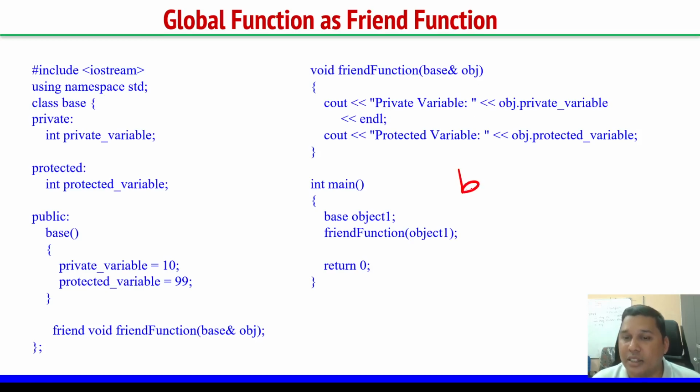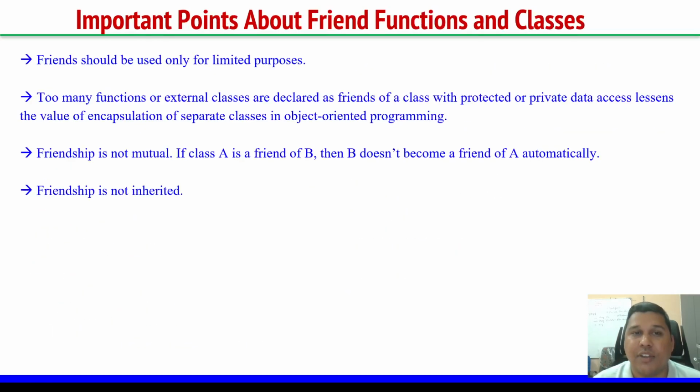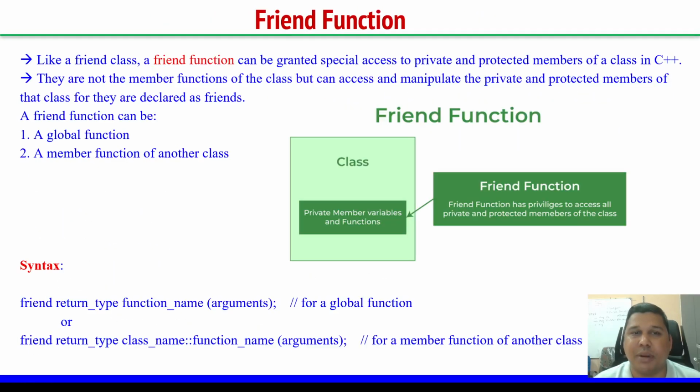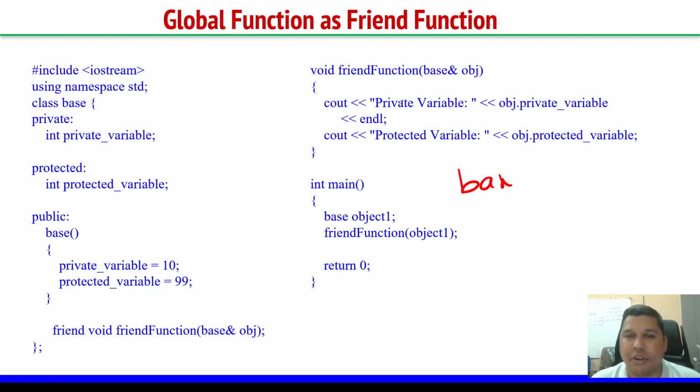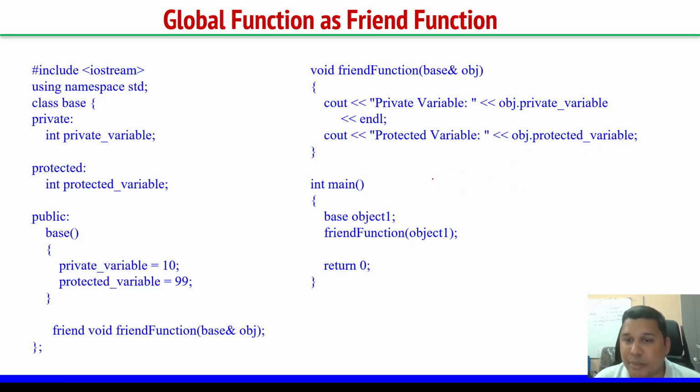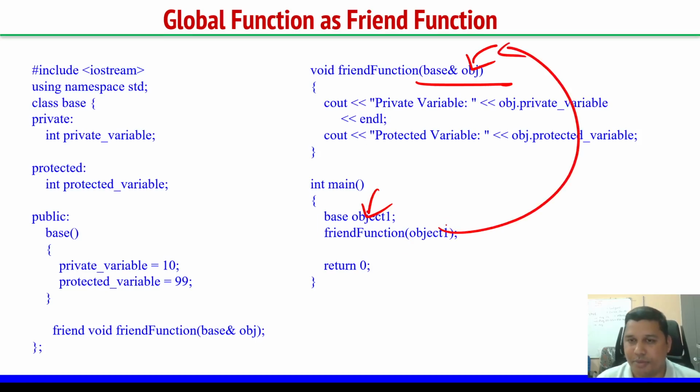We are yet to study reference variables, but this concept comes after that, and there you will understand. So we have to give the base class ampersand obj. Understand the meaning of this statement: this obj is the same as your object 1. It is just a copy of that.